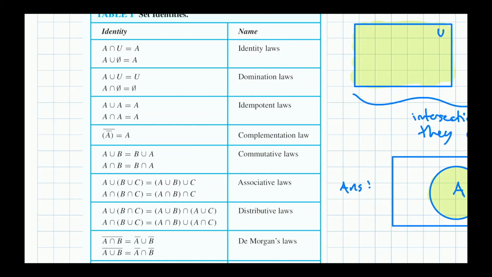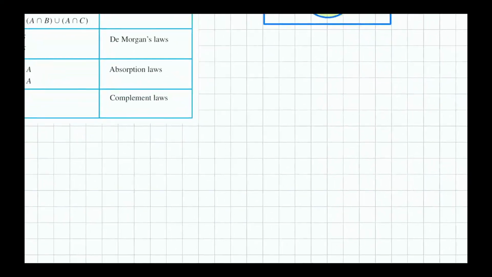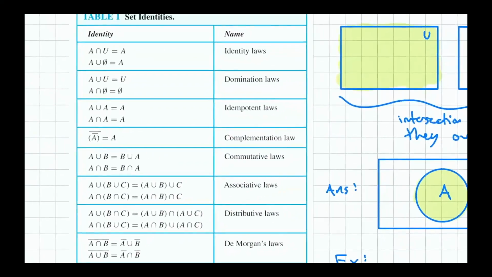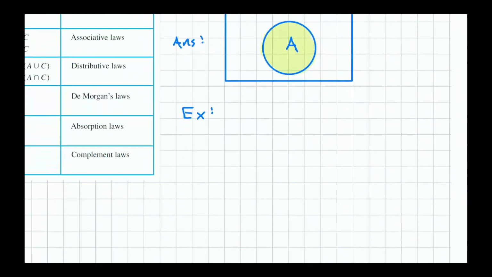Yeah. So they have a domination. Domination is not any harder than what we just looked at. Same kind of idea. Maybe let's look at A intersect the empty set.